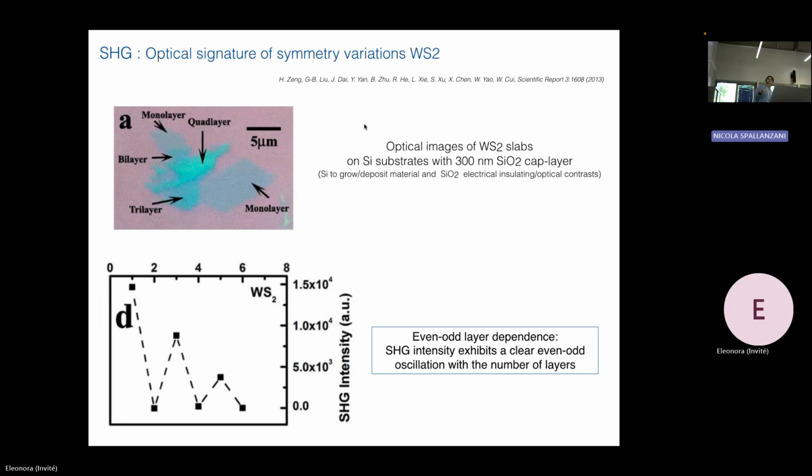And here what you can see is the second harmonic generation. You can see that it oscillates, and this depends on the layer and on the symmetry. So again, you can see the importance of symmetry for second harmonic generation.